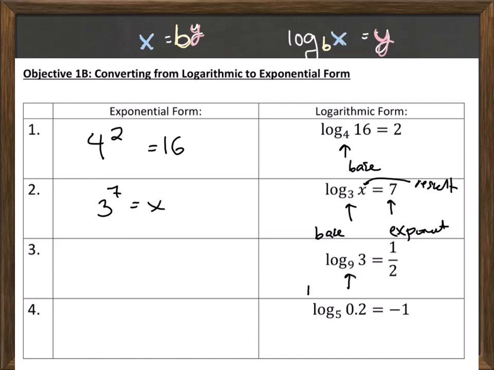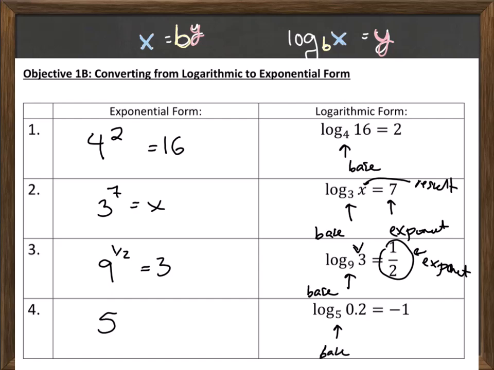So our base here is 9. Over here on the other side is our exponent. So 9 to the 1/2 power equals 3. 3 is our result. Last but not least, our base is 5. That is our base.